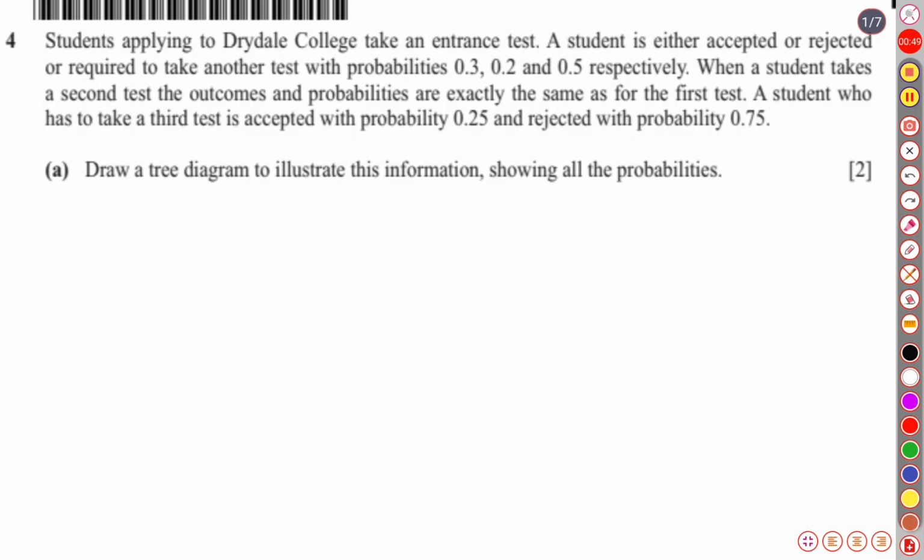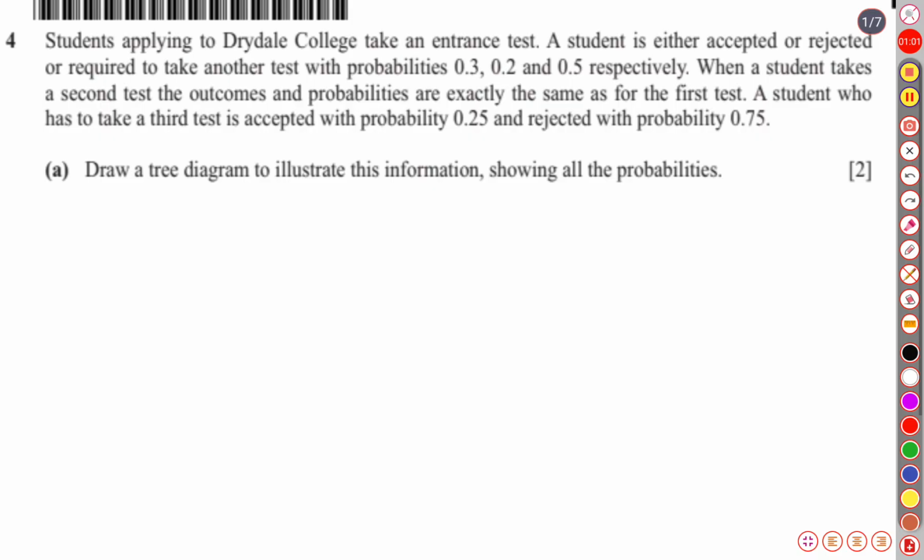Well, so the question seems to be very complicated and large, but the solution is not as difficult as it seems to be. So let us draw the probability tree diagram. For the first test there are three possibilities.